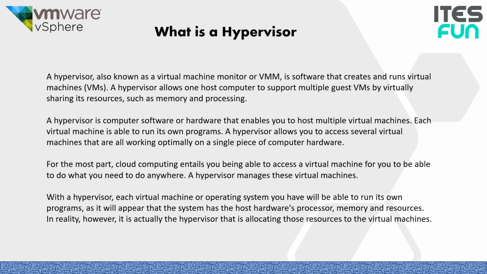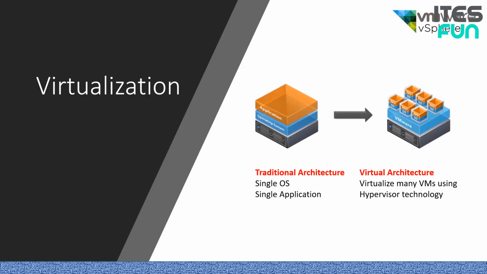With a hypervisor, each virtual machine or operating system you have will be able to run its own programs, as it will appear that the system has the host hardware's processor, memory, and resources. In reality, however, it is actually the hypervisor that is allocating those resources to the virtual machines.